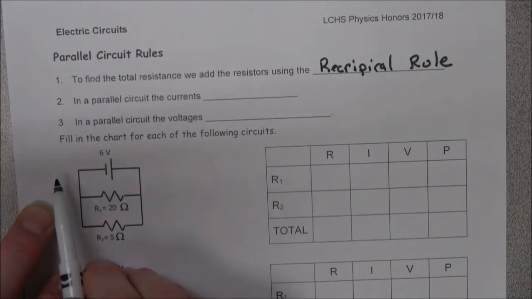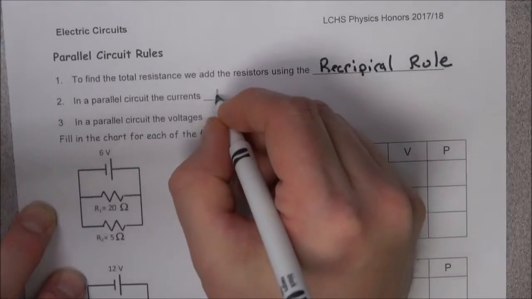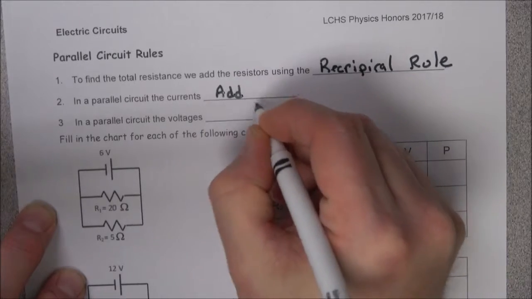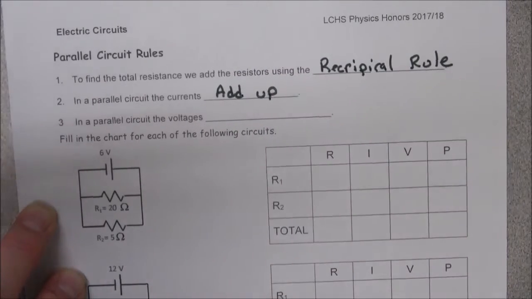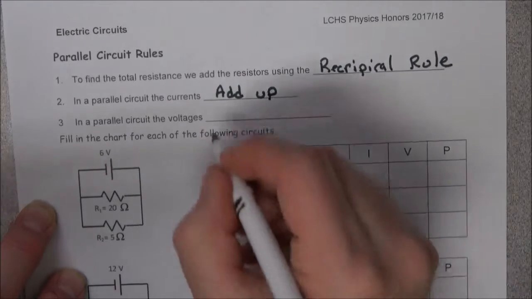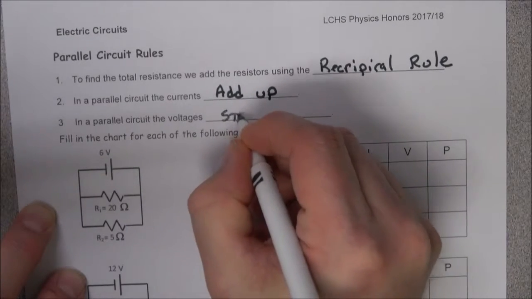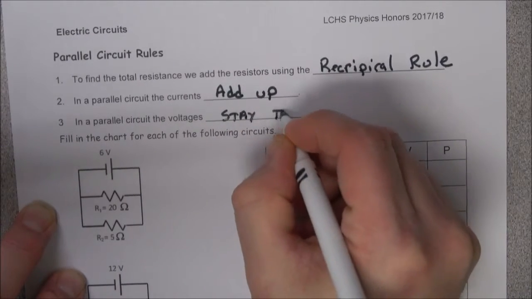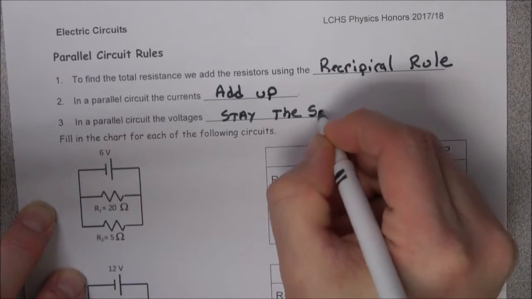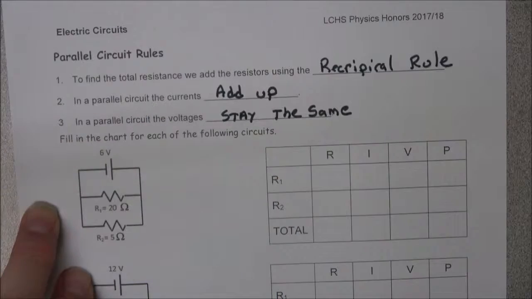In a parallel circuit, currents add up. In a parallel circuit, voltages stay the same. So this is the same chart that we used for series circuits.